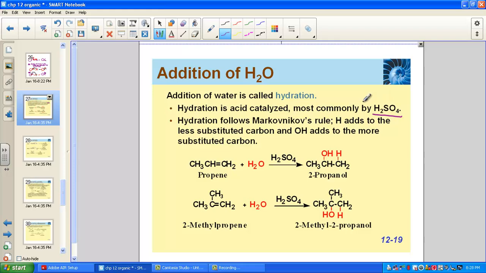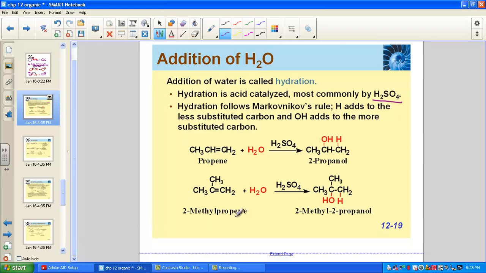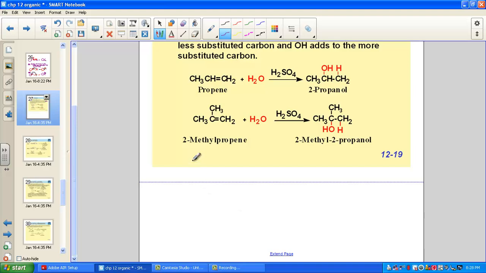Hydration follows Markovnikov's rule, where the H adds to the less substituted carbon and OH adds to the more substituted carbon. Add the hydrogen from water. Think of water as HOH. And add the hydrogen to the carbon with more hydrogen. Same set of rules as before.